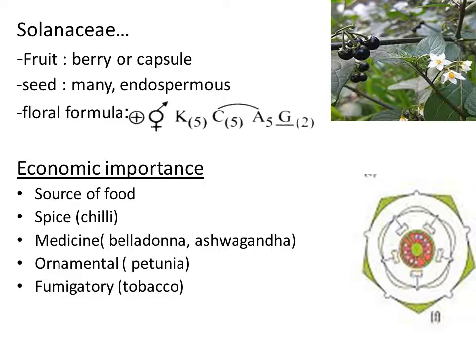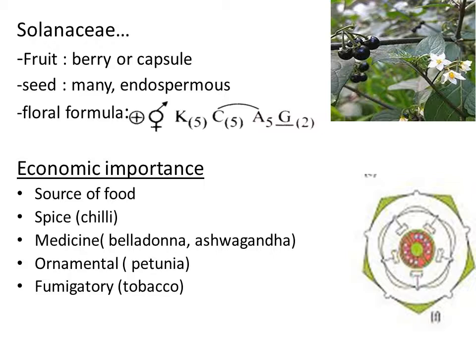The example of plant we have taken to explain the vegetative as well as floral characters is Solanum nigrum. It is commonly called the black nightshade plant.